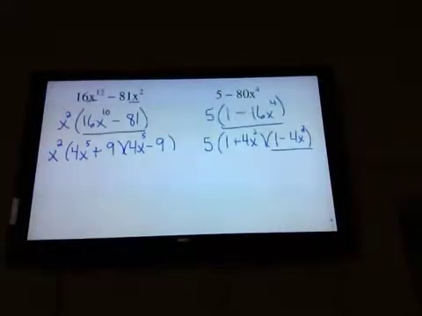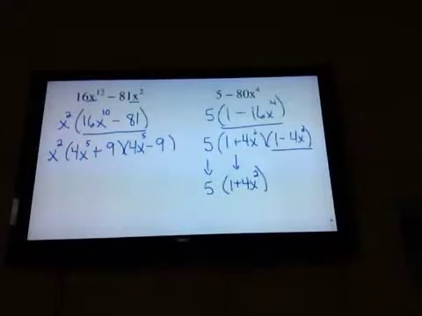Can that go again? Yes, all squares. Notice that I only look at the ones with the minus. Because to be a difference of squares, it has to be a minus. So I don't even look at the plus one. So my 5 comes down. My 1 plus x, 4x to the 2nd comes down.